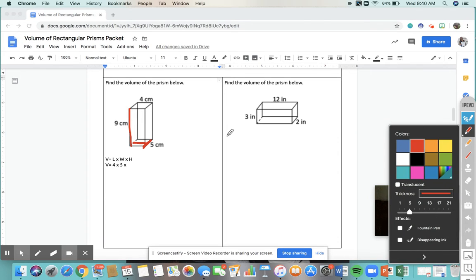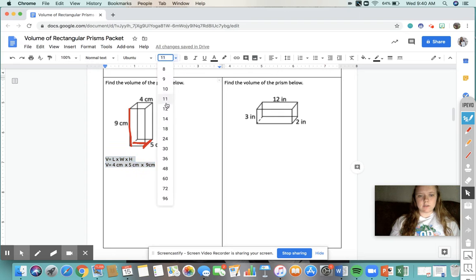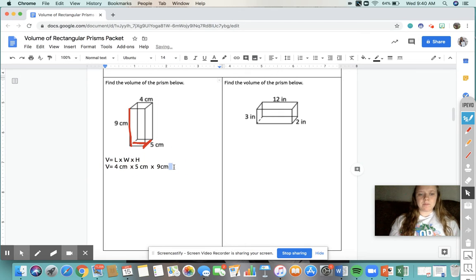And besides just writing 4, 5, and 9, I want to write centimeters: 4 centimeters times 5 centimeters times 9 centimeters. I'm going to make this a little bigger so you guys can see this. Perfect. All right.